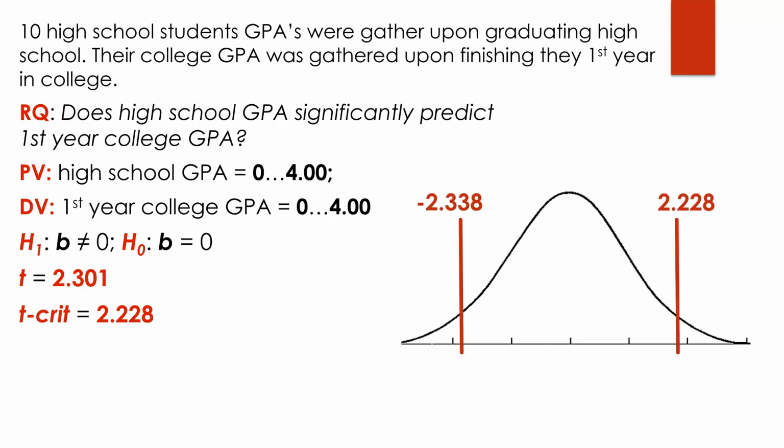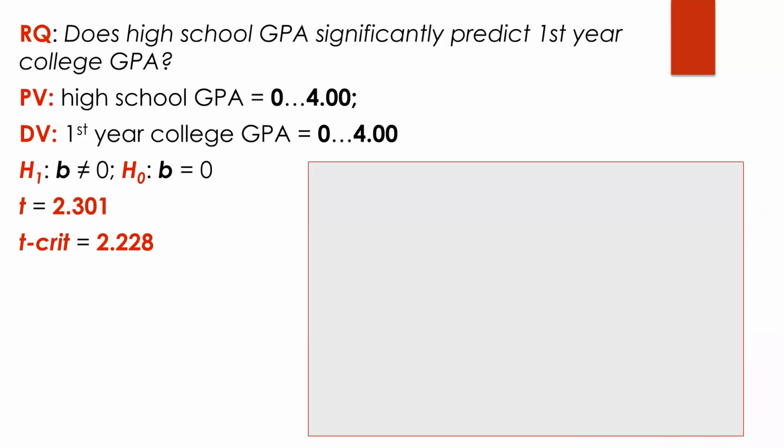negative. Now, does our t-score go past either of these crits? As we can see, yes, it does. 2.301 goes past 2.228. So because it goes past, we know that it has a probability less than 0.05, which means that, assuming there's no predictive relationship, assuming the high school GPA does not predict first-year college GPA, it was unlikely for us to find this prediction that we found.